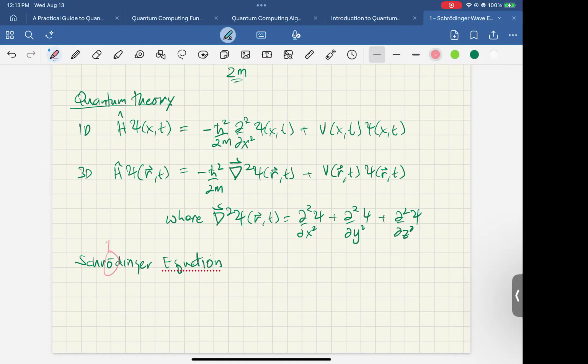Just a bit of trivia: the Schrödinger is spelled with an umlaut, the double dot over the o, because Schrödinger is Scandinavian, and sometimes they write it as this. So just, if you're feeling lazy, you just put a dash in place of the double dot. Okay, so Schrödinger equation.